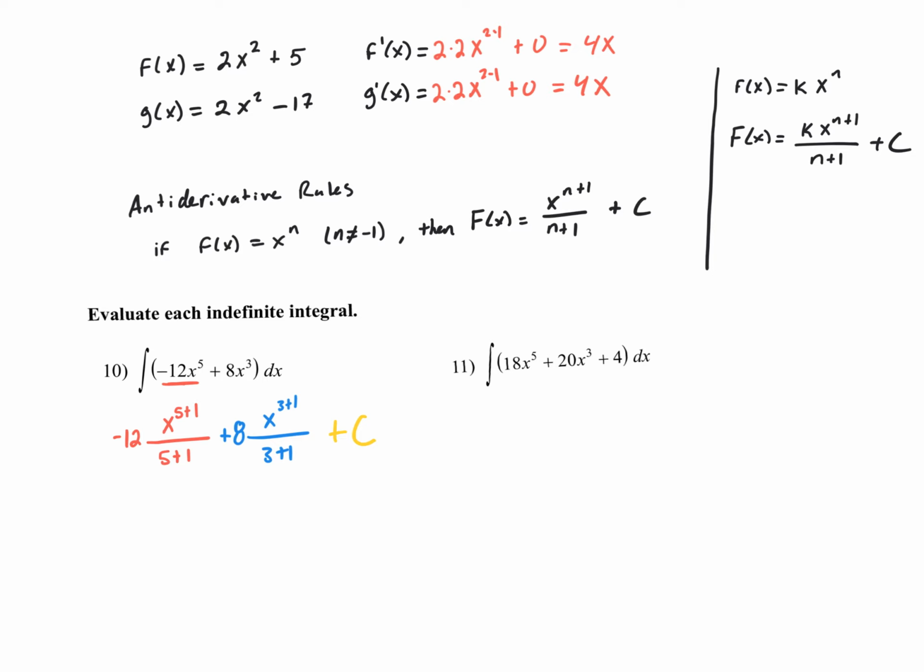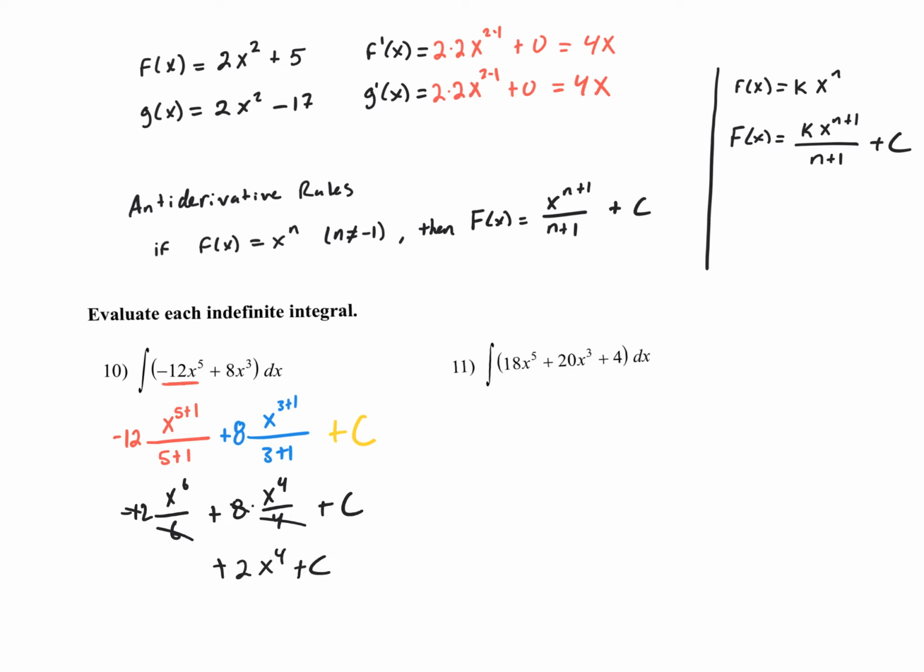Obviously, we want to simplify this down a little bit. So this is going to be x to the 6th over 6, and I'm multiplying by the -12, plus 8 times x to the 4th over 4, plus some constant. 4 reduces with 8, giving me 2x to the 4th.